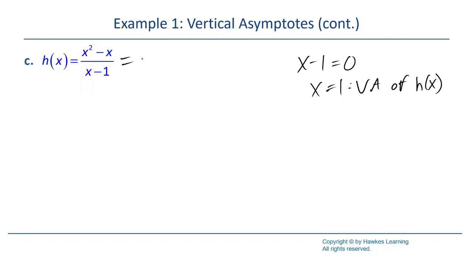Now, if we go to the numerator, notice I have x squared minus x. I can factor an x out of the top. That leaves me x times x minus 1 divided by x minus 1, which reduce and cancel each other out.